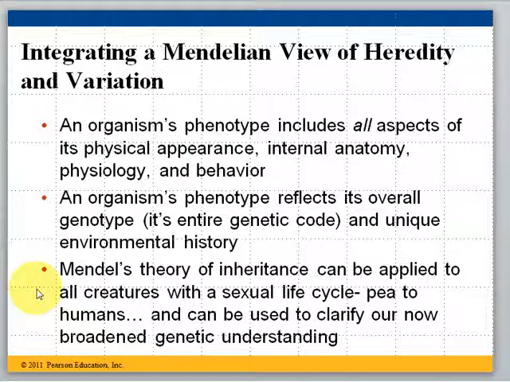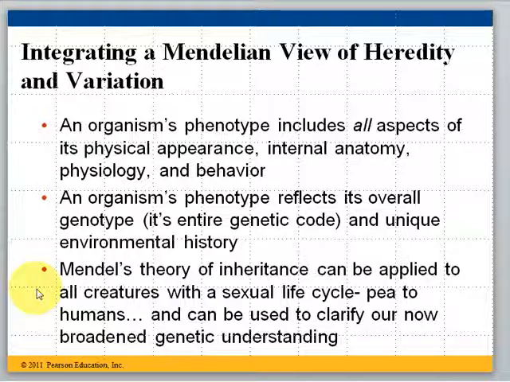And Mendel's theories of inheritance can still be applied to what we know today, and they are also applicable to all living creatures that have a sexual life cycle. So it's amazing that these genetic laws or rules that Mendel developed apply to humans, but they apply to pea plants and whales and oak trees and aardvarks and guinea pigs. They apply to any living creature that has a sexual life cycle.